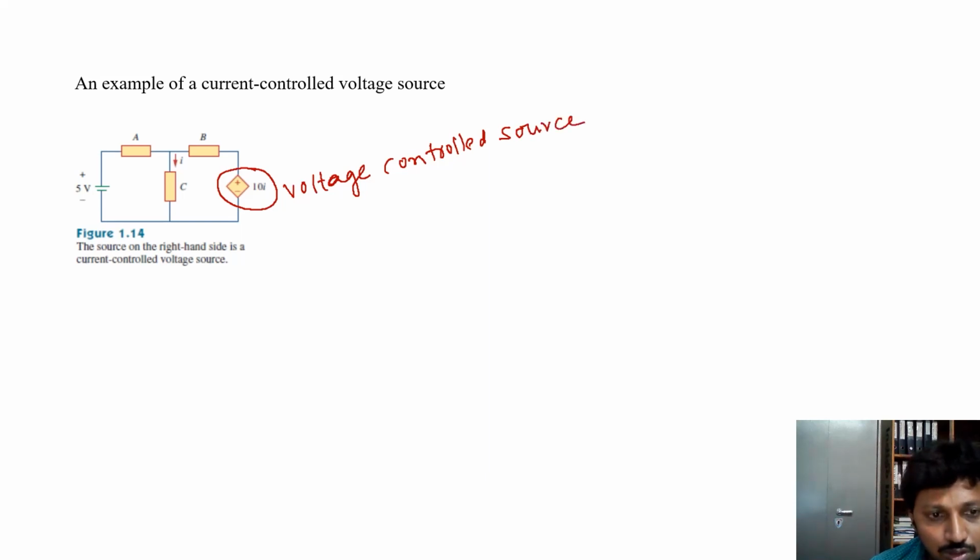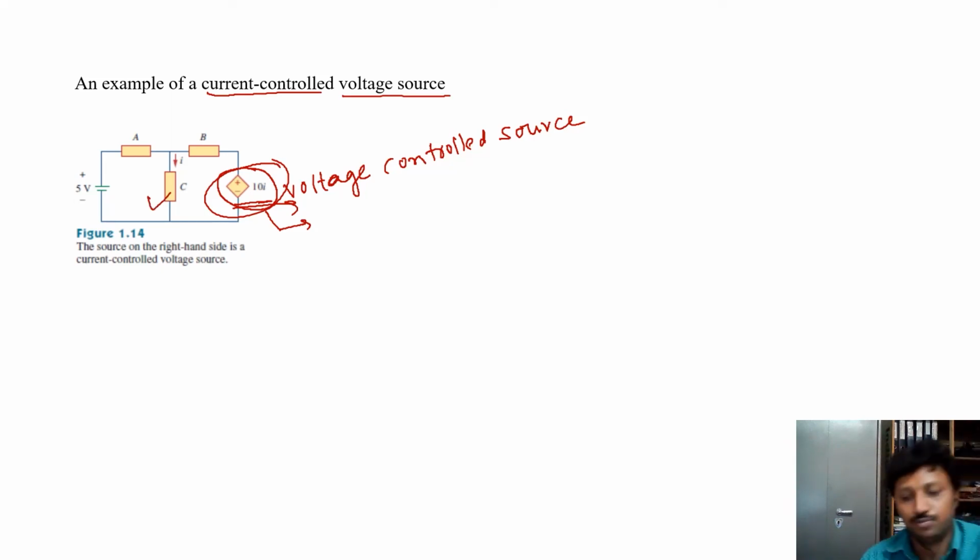This source quantity will be controlled by the current flowing through the capacitor. This voltage source can be controlled based on how much current is flowing through the capacitor. That's the example for a current controlled voltage source. This is a voltage source, and this voltage source is being controlled by the current flowing through the capacitor. Thank you.